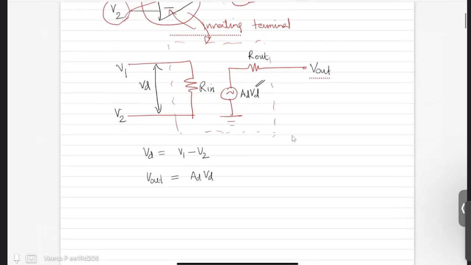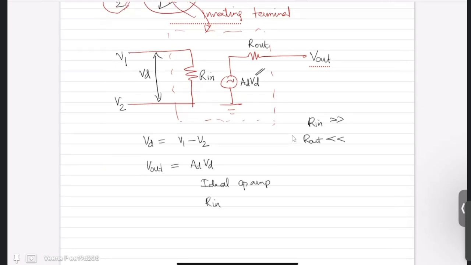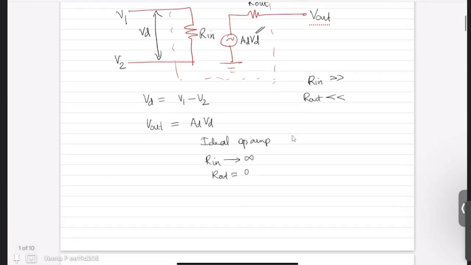Because for an op-amp, the value of Rin will be very high, whereas the value of R out will be very small. For an ideal op-amp, the value of input resistance tends to infinity and the value of output resistance becomes 0. So if that is the case, the same circuit when you redraw, it acts like there is no input.